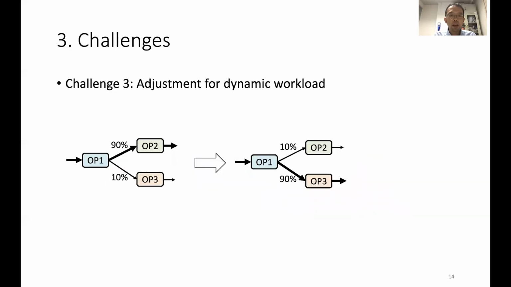The third challenge comes from the adjustment for dynamic workload. During stream processing, stream data are changing dynamically in distributions and arrival speeds, which is challenging to adapt.